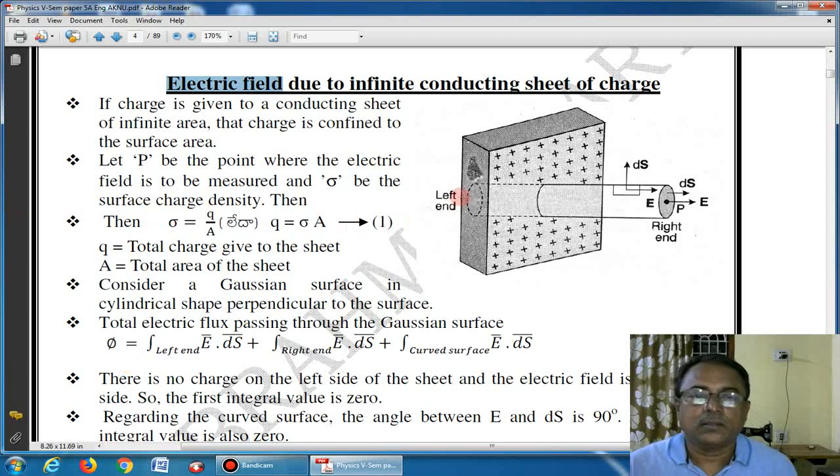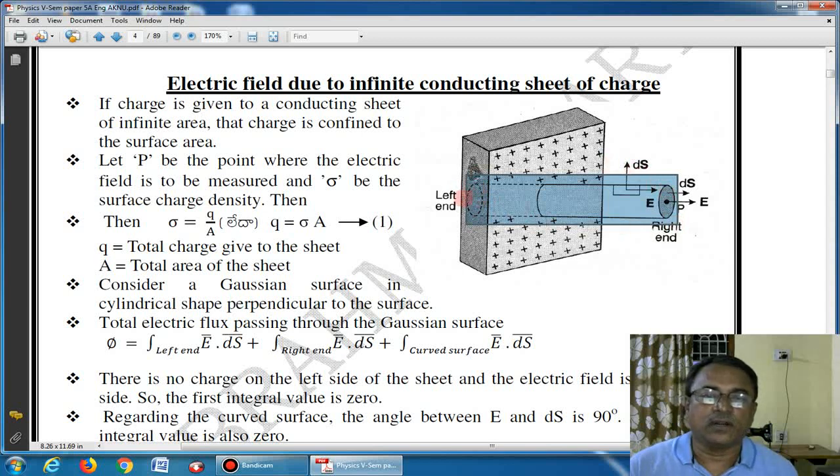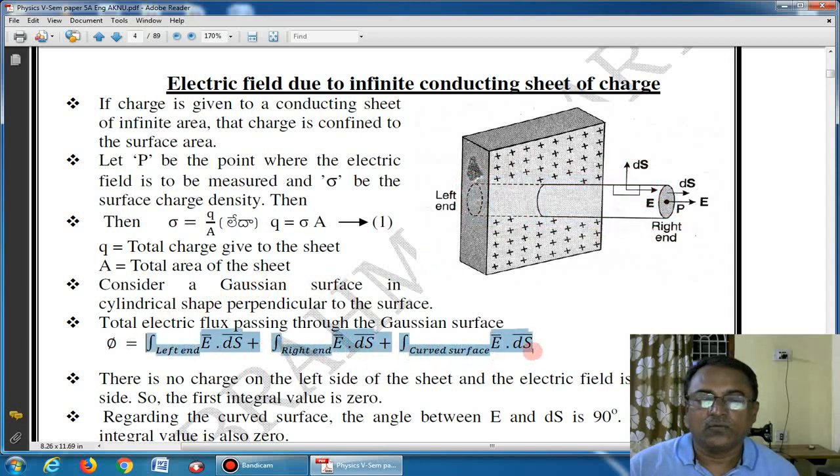But here there are three surfaces, so Gauss law has to be written for the three surfaces: the left hand, the right hand, and the curved surface. So here I am writing the Gauss law for the three surfaces.